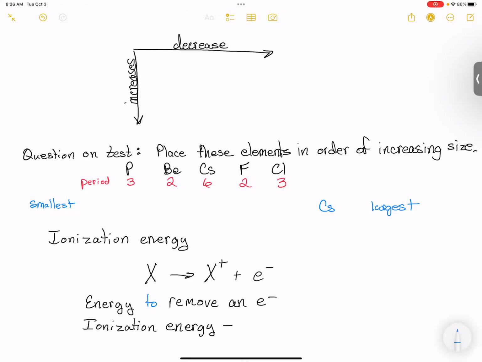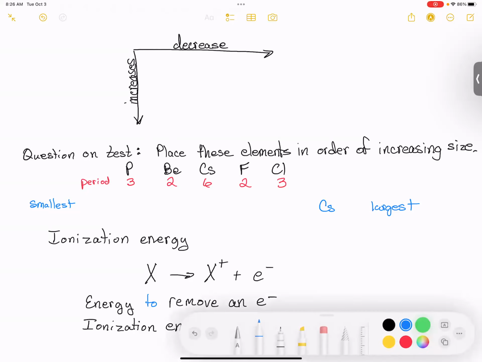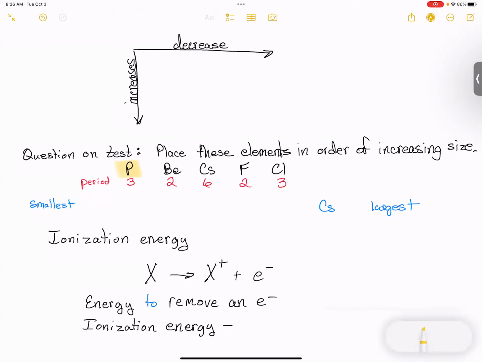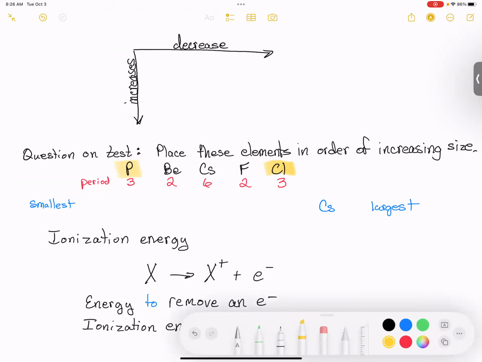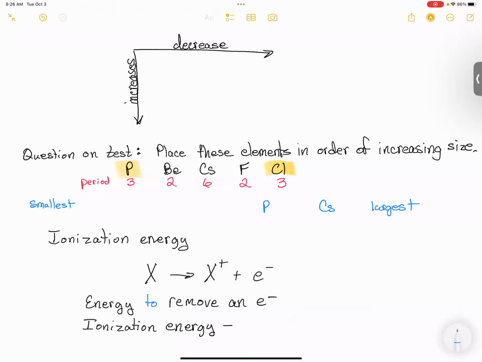Now, the next ones in line will be phosphorus compared to chlorine, because they are the next ones in the highest shell. So who is going to be larger, phosphorus or chlorine? Phosphorus will be larger because it is furthest to the left.